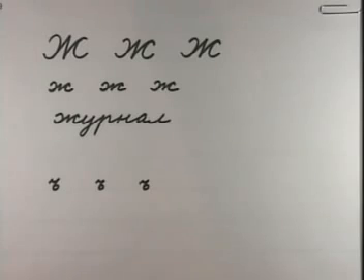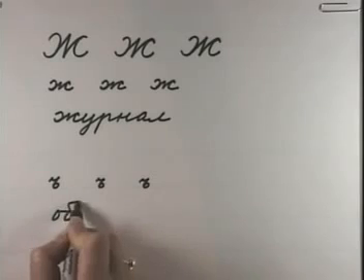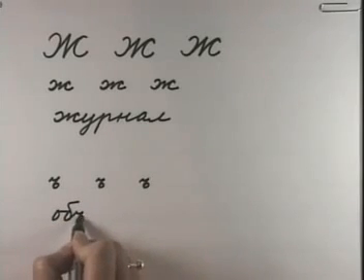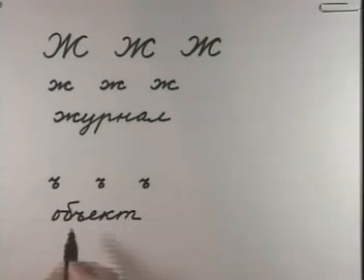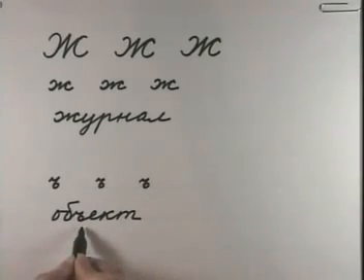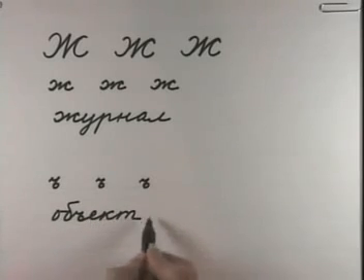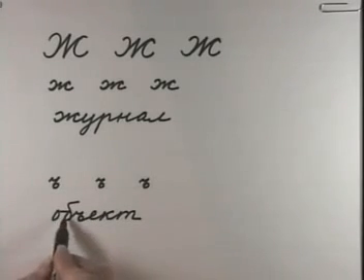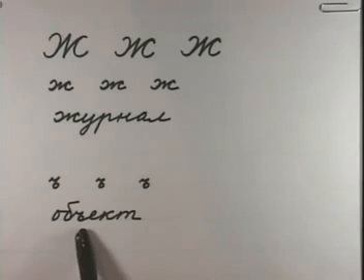The hard sign, which appears in the word объект. The hard sign is right here, and it serves as a word divider. It tells us to pronounce the first part separately and then say the second part separately. Объект. Practice with this, but remember that it only has the lowercase version.